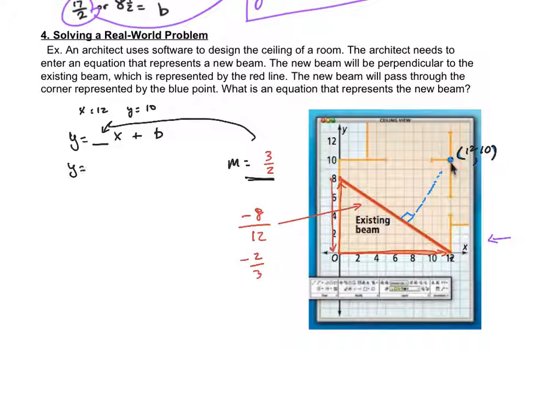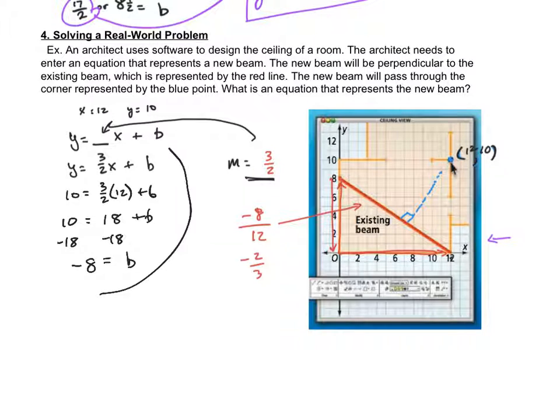So I have y equals 3/2 x plus b, and I can do the same substitution I did before. I can substitute in my values of x and y. So I have y is equal to 10, 10 equals 3/2 times 12 plus b, and 10 is going to be equal to 36 over 2, which is 18 plus b, minus 18 on both sides, and then b is equal to negative 8.